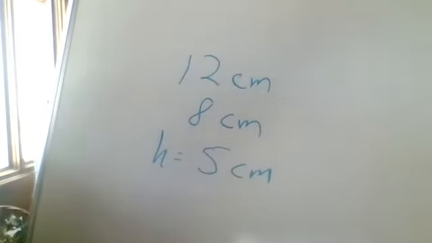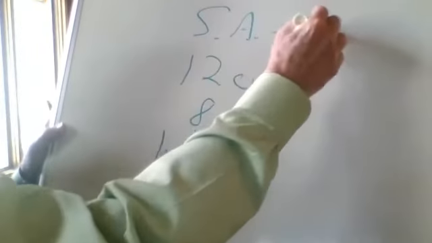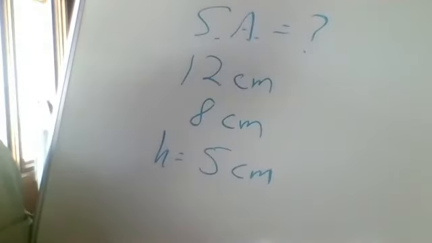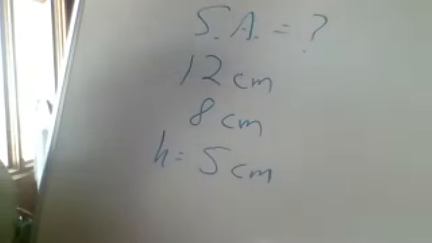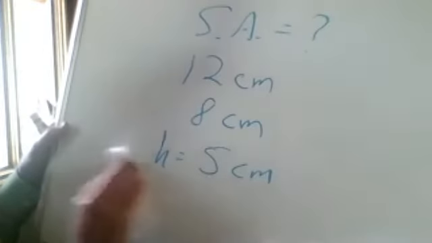Your job is to find the surface area. So you need to get that information down. Again, remember, this is a video recording, so you can pause it, stop it, or rewind it. I'm not going to spend a lot of time on things. I'm just going to assume that you had time to copy it down.